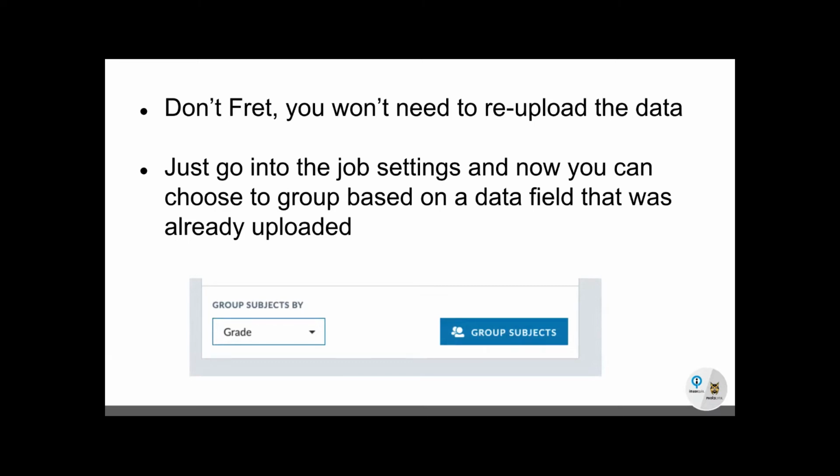Once you have those groups created, you can just add the images into those group sections, and all the subjects who already had that field assigned will have those images uploaded for them.